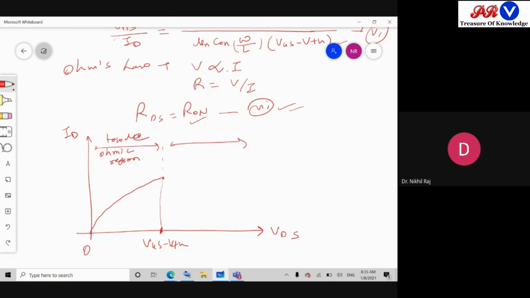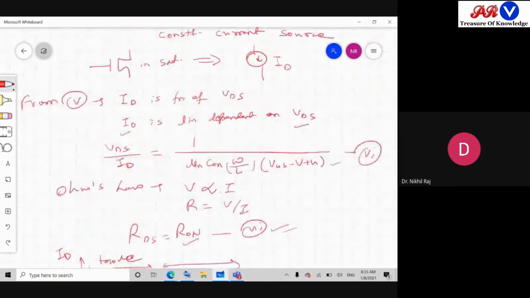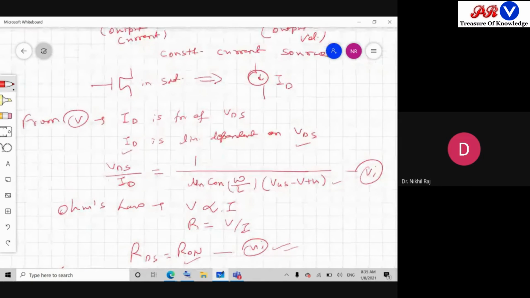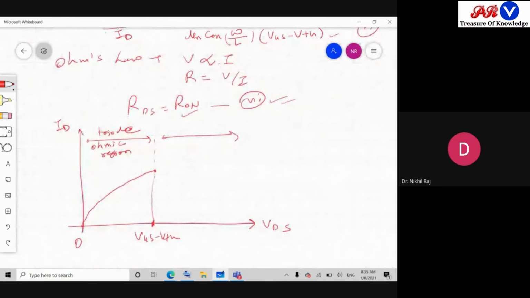Okay, and after this VGS minus VTH, when it is crossed, what happens? We enter into the saturation. A constant current comes. Constant current means a constant value of the current should be there. Irrespective of change in the VDS, the ID should not change. So this is the output characteristic of my MOSFET, and this region is called your saturation region, drawn at some VGS value.